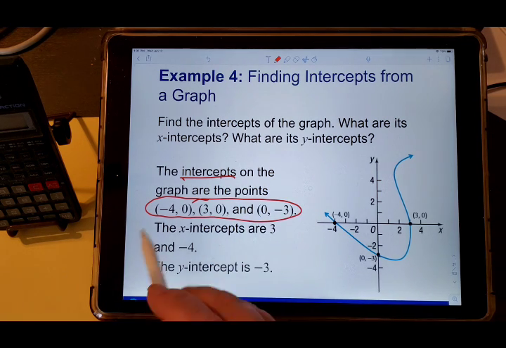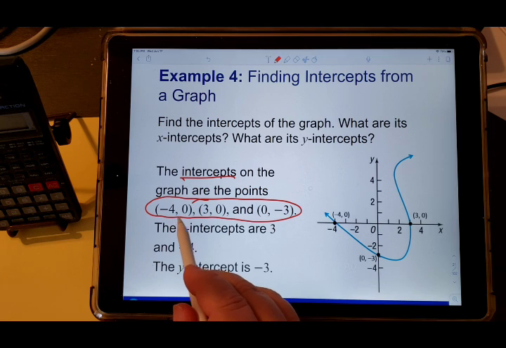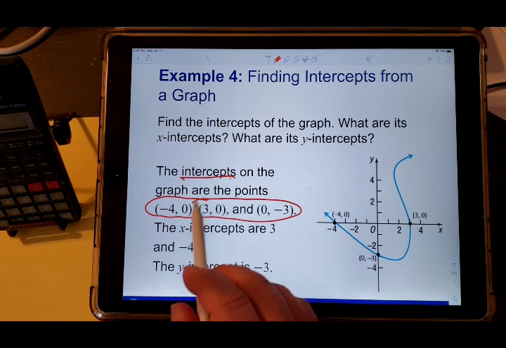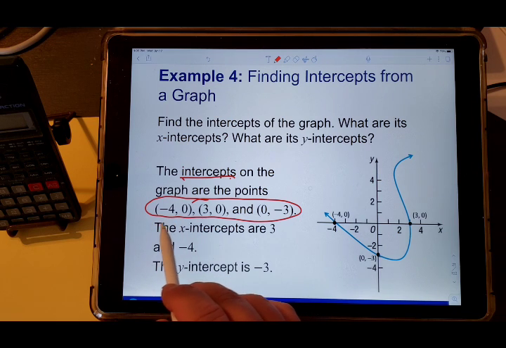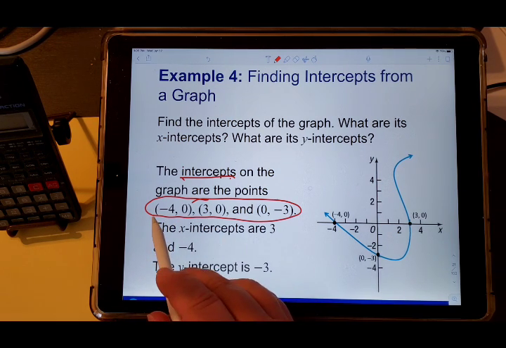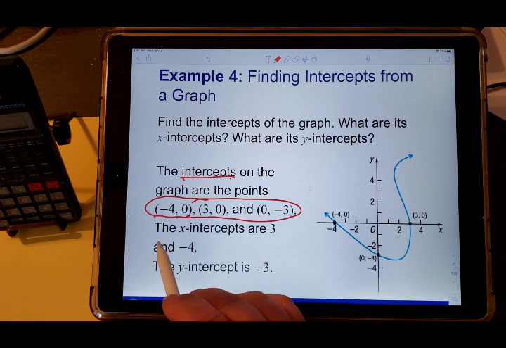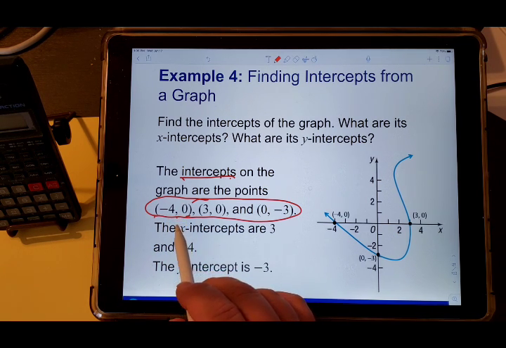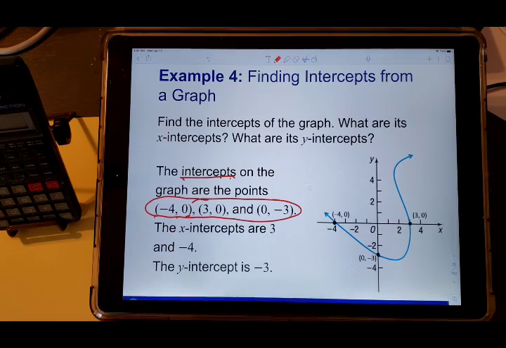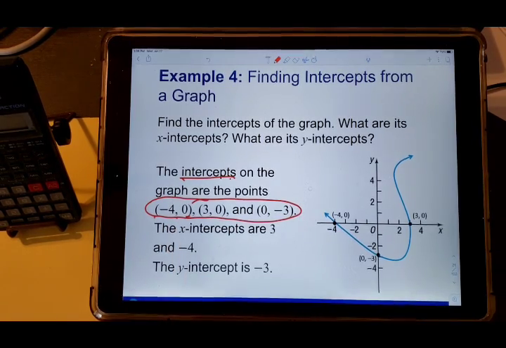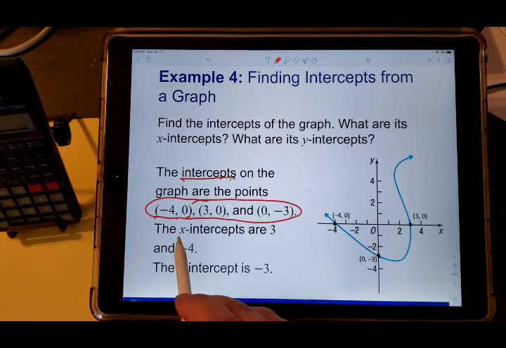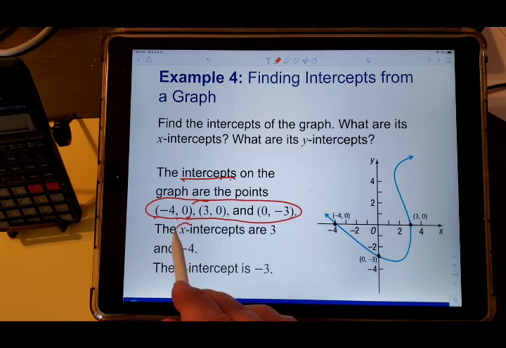They'll give you the parenthesis, the minus, the 4, the comma, and the 0. The word intercepts means we want what I call the 5 parts of the answer. The 5 parts are the parentheses, the comma, the x value and the y value. So do that.